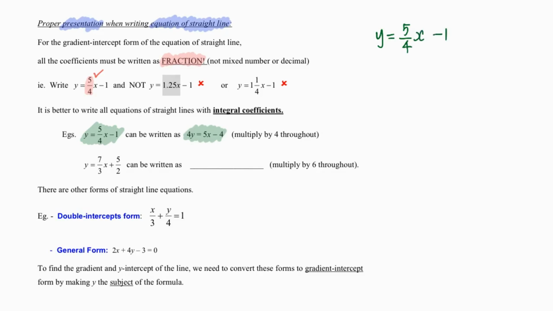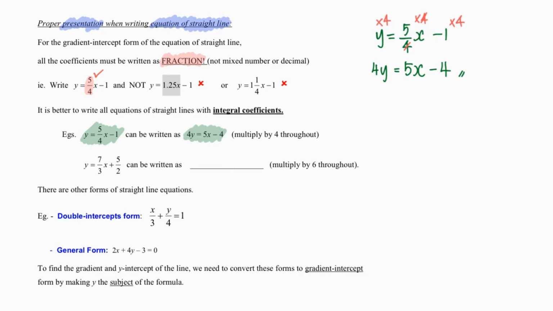I'm going to multiply throughout by 4, so that the 4, the denominator, can divide off, and eventually it will become 4y here, this is 5x, and this is negative 4.